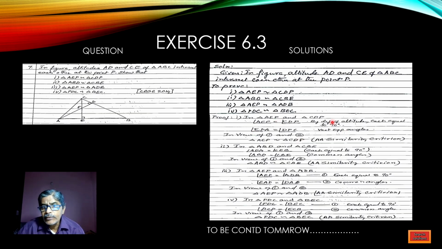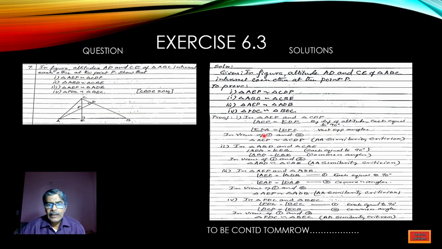In the first case, we will take that angle AEP is equal to angle CDP by the definition of altitude, each is equal to 90 degrees.